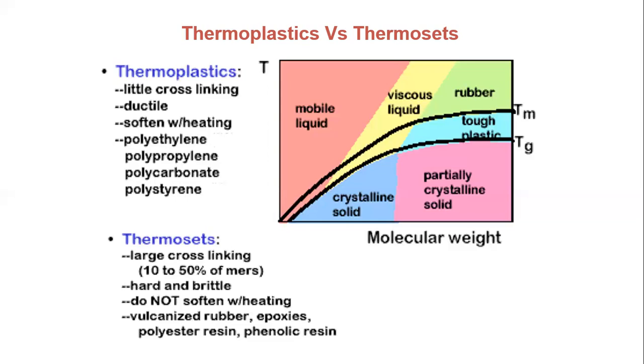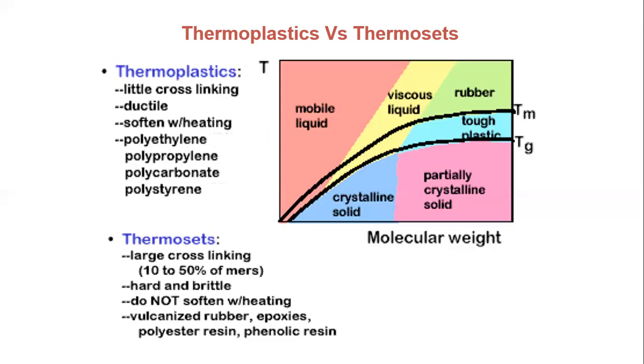We have two curves here. The region between these two curves is known as tough plastics, also known as fiber plastic. And above the tough plastics there are three phases. First one is the mobile liquid, second one is the viscous liquid, and last one is the rubber.